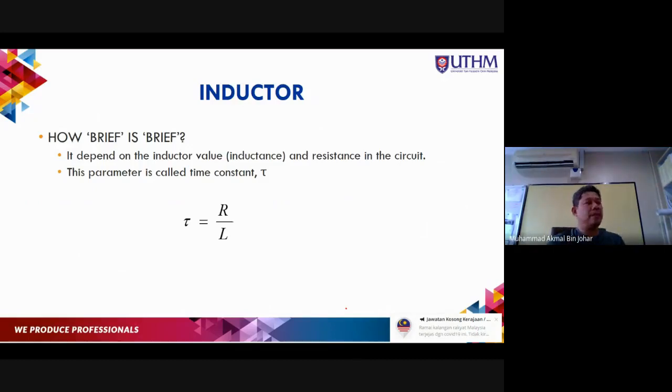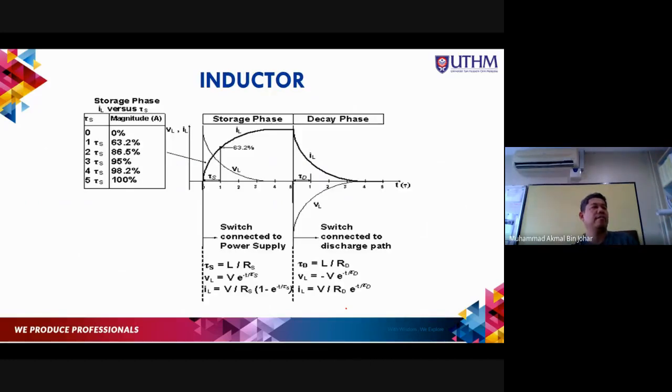Okay, so how brief is brief? Similar to capacitor, there is a parameter called time constant, or tau. It depends on the inductor value and the resistance in the circuit. So tau is equal to L over R, and from here you can see one example that I can show you, the storage phase versus the decay phase.